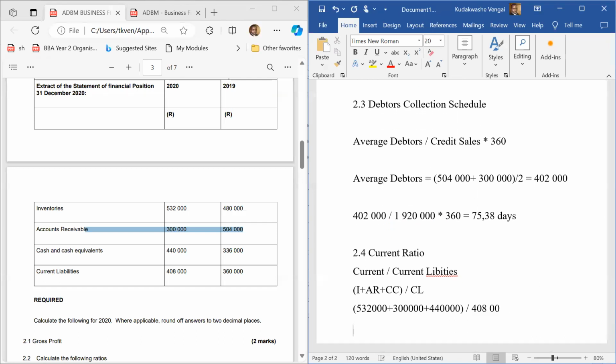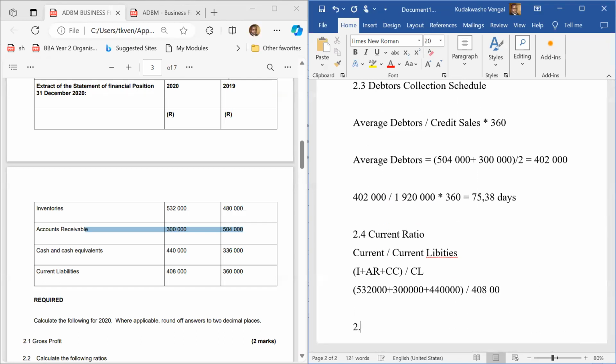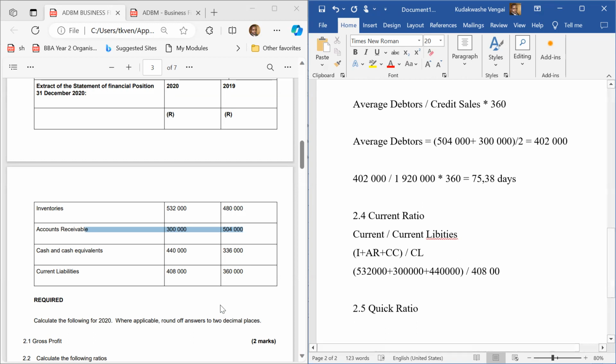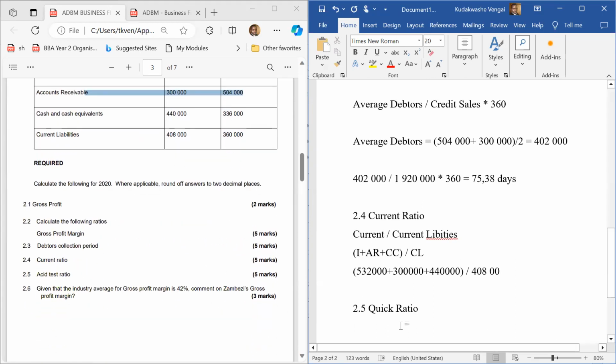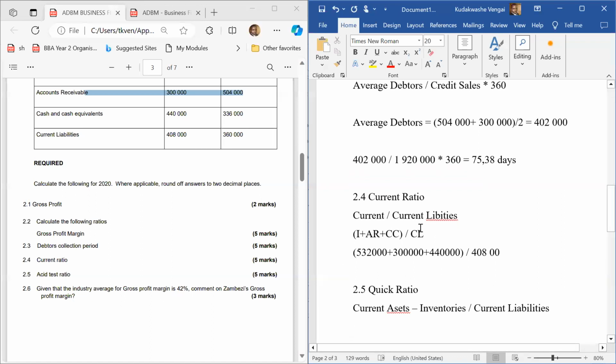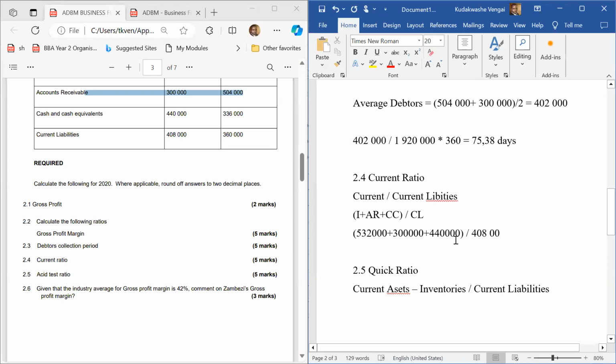So we go to the next one, which is going to be the quick ratio, right? Again, the quick ratio is very straightforward. The normal formula is current assets minus the inventories, divided by the current liabilities. So you can take the figure that you got for current assets and then subtract the inventories.